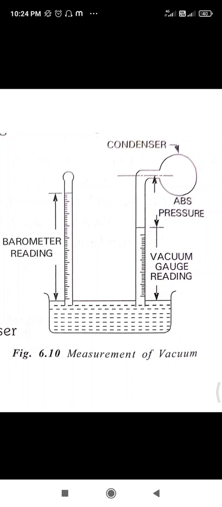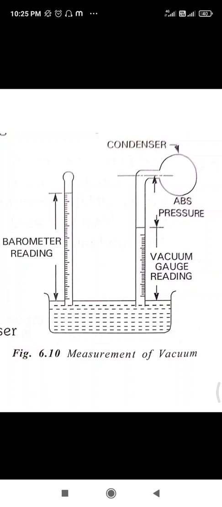Simply, we can say that the vacuum efficiency is defined as the ratio of the actual vacuum in the condenser to the ideal vacuum, that is, the maximum obtainable vacuum. In terms of barometer readings, the vacuum efficiency is equal to the barometer reading minus the absolute pressure in the condenser, divided by the barometer reading minus the pressure at the condensate temperature.